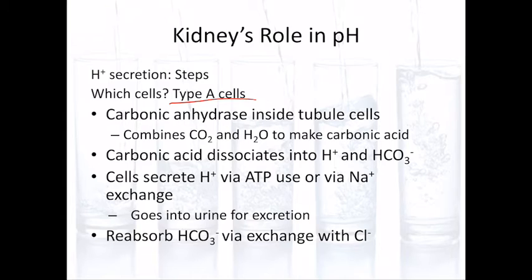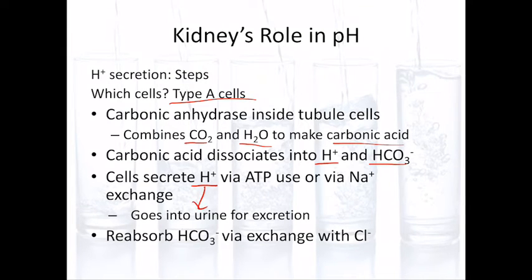Okay, so with the type A cells, carbonic anhydrase, the enzyme in the kidney tubule cells, helps us to combine CO2 and water. And that turns into carbonic acid. Carbonic acid then breaks down into hydrogen and bicarbonate. The cells get rid of that hydrogen, they pump that into the urine.